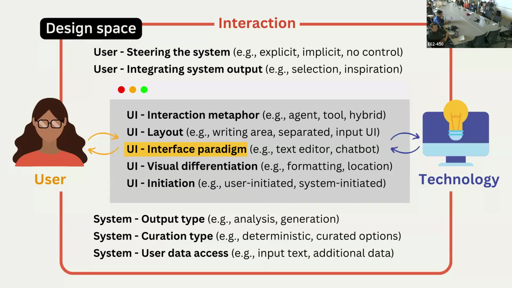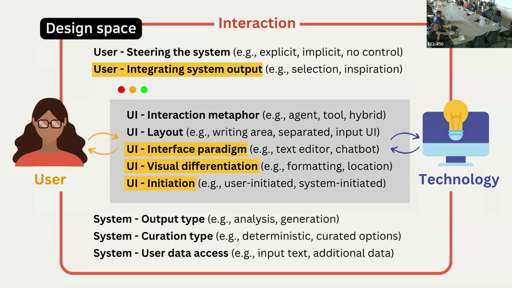in terms of how you design the interface. So for example, you could potentially differentiate how AI generated text looks from how user written text looks. And you could also change who initiates the system suggestions. Is it from the user or is it from the system?